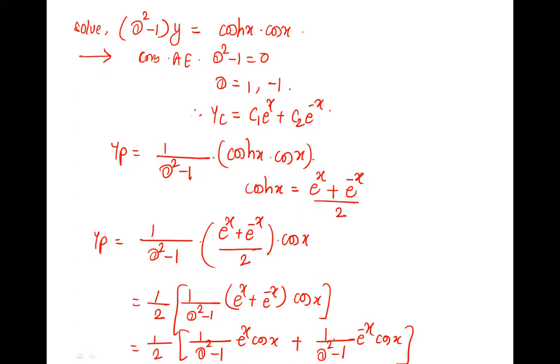Can you see this properly? This is case number 5. E raised to ax into V, both the things are cases which we have seen just now. So what do we do here is we take e raised to x out, and D will be D plus 1.